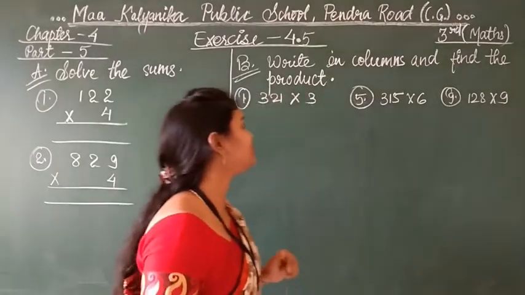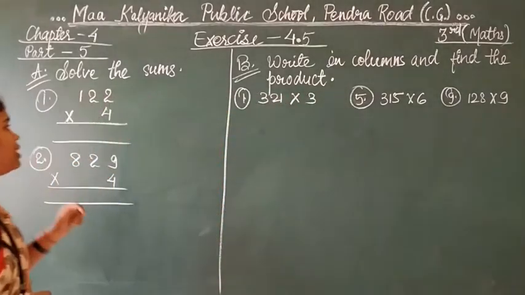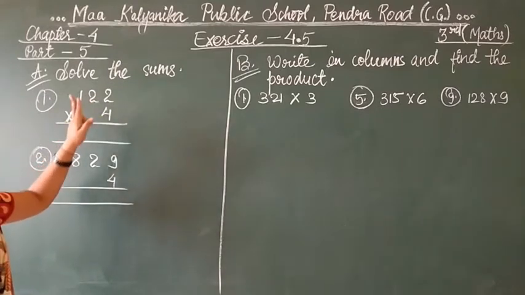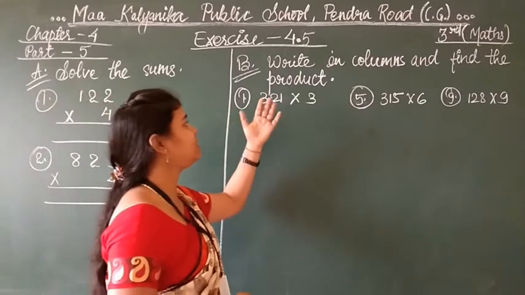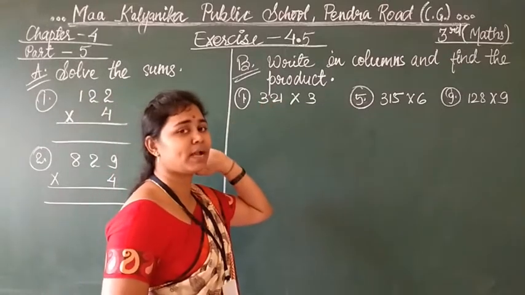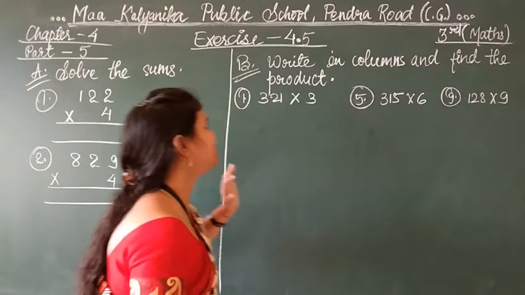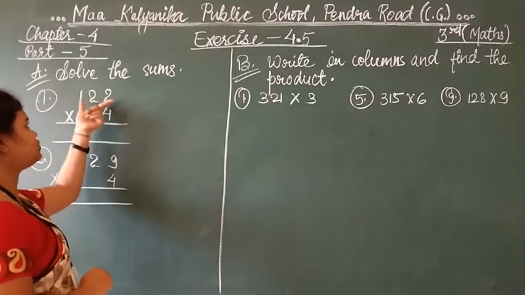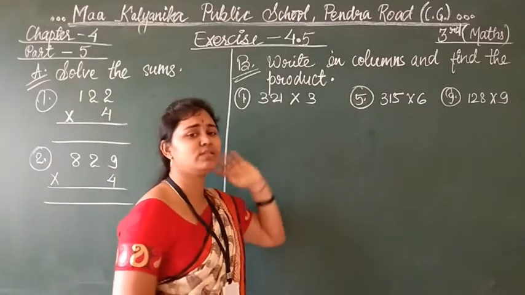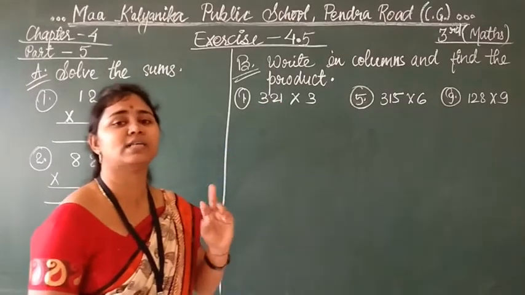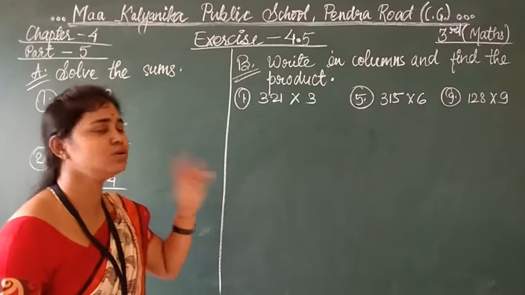In 4.4 a two-digit number was multiplied with a one-digit number, but in 4.5 a 3-digit number is multiplied with a 1-digit number. Only the numbers are increased from 2 digit to 3 digit.